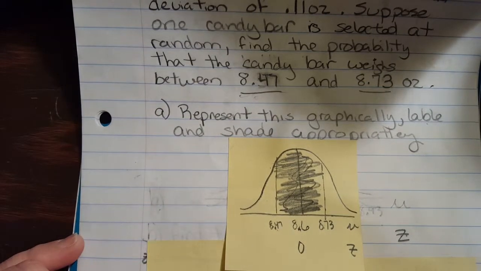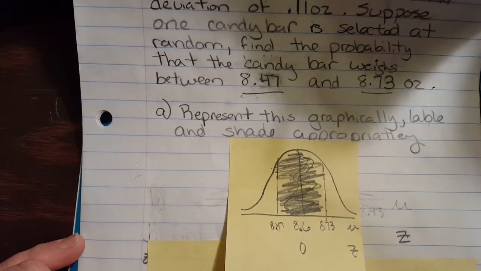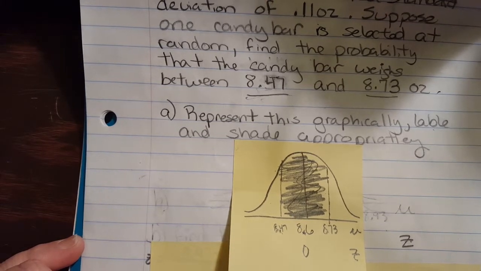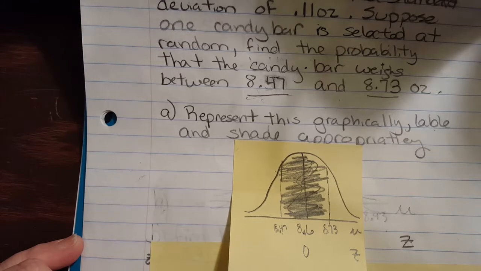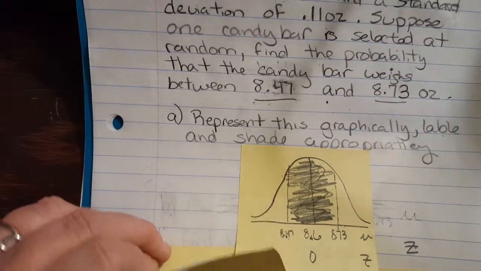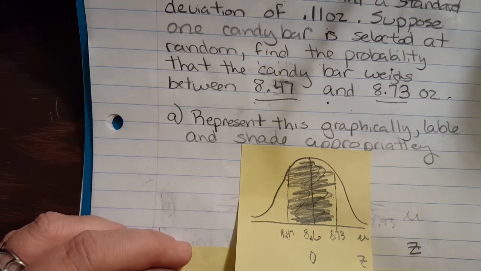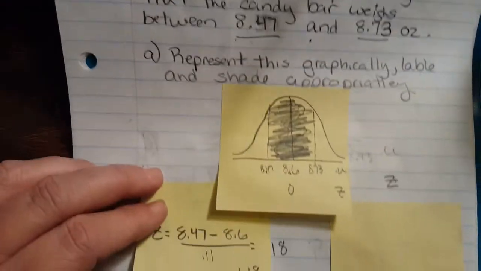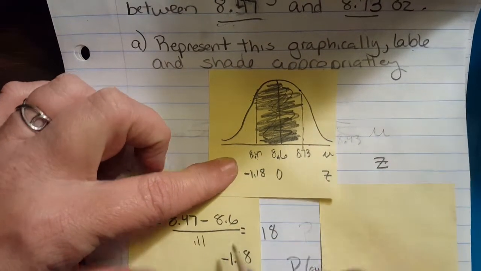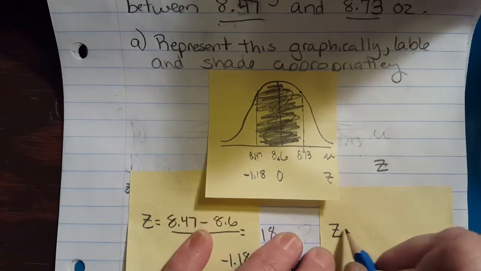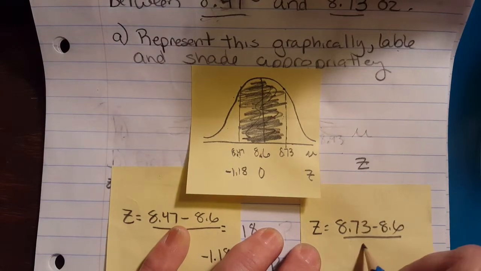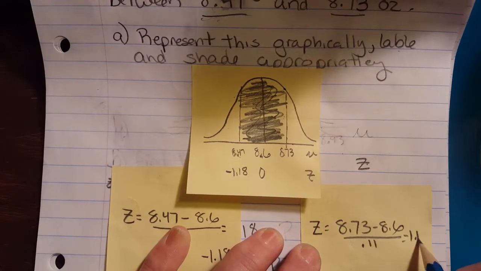So the z-score is our data point minus the mean divided by the standard deviation, and this one comes out to be negative 1.18. Negative 1.18, and the other side is 8.73 minus the mean, and it comes out to be 1.18.